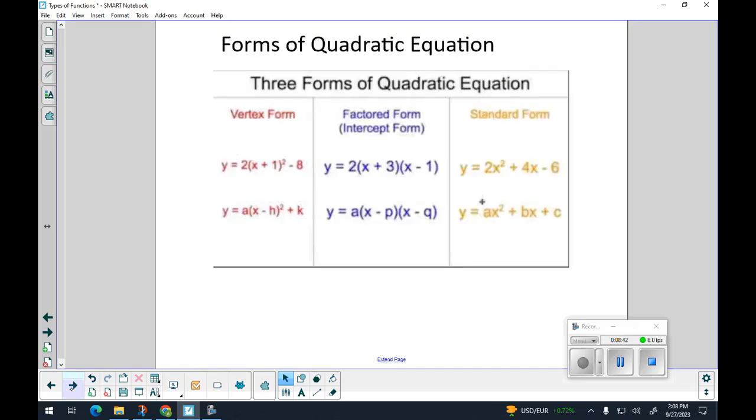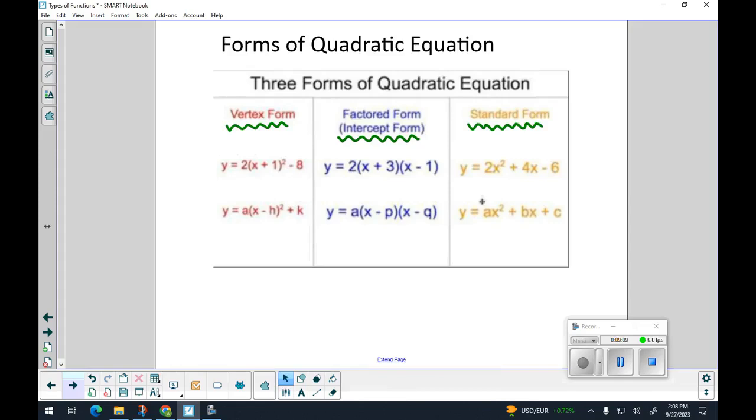And here are the 3 different forms of a quadratic equation. There is vertex form, factor form, otherwise known as intercept form, and standard form. Okay, so you should be familiar with factor form and standard form. Again, vertex form is just showing you the (h, k), okay? So with that being said, I want you to go ahead and copy down each form. We will practice later on how to move between the different forms.